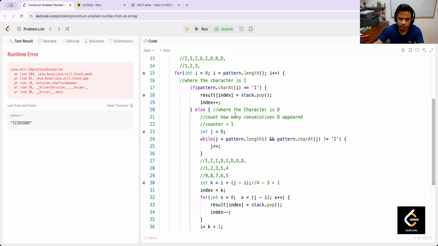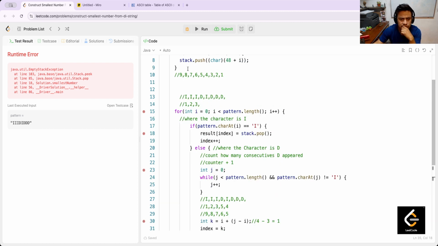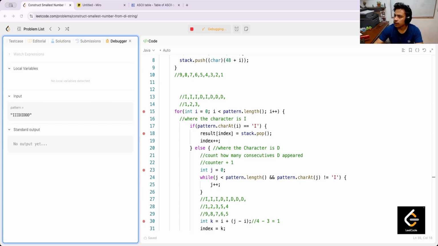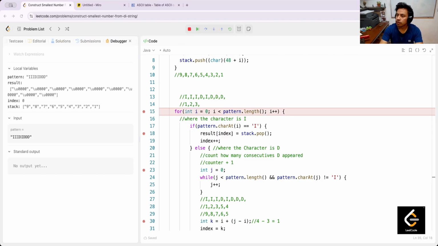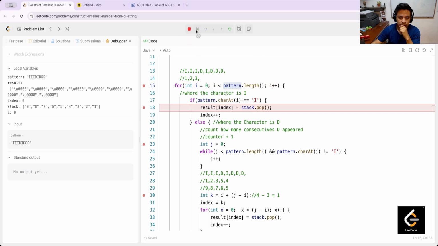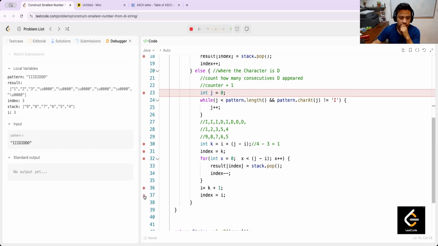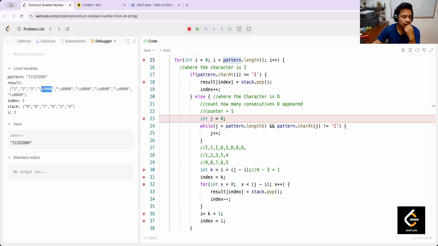And the index is this. 2, 3, 4. Okay, now this is this.